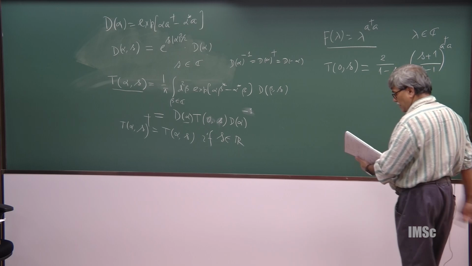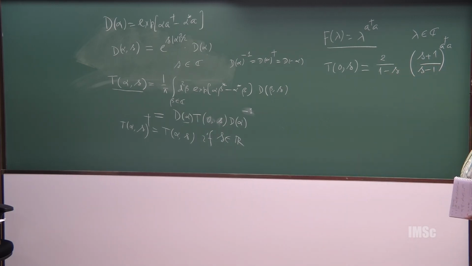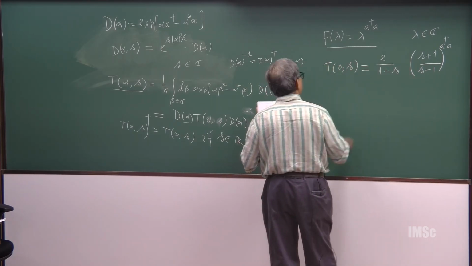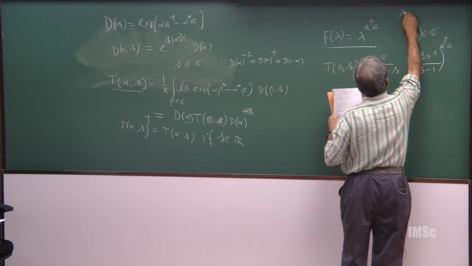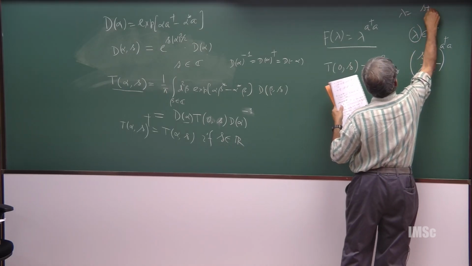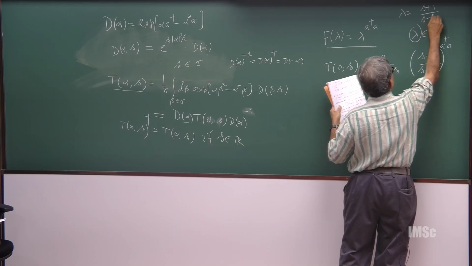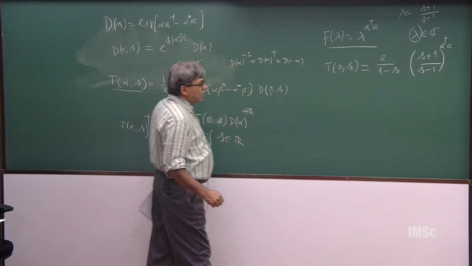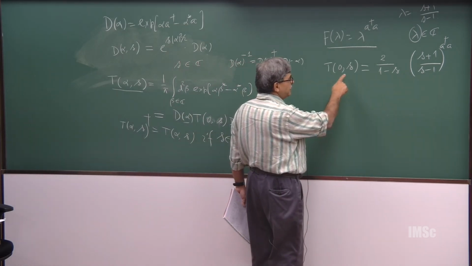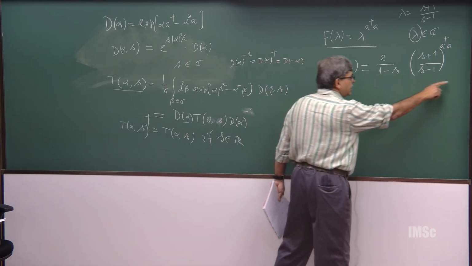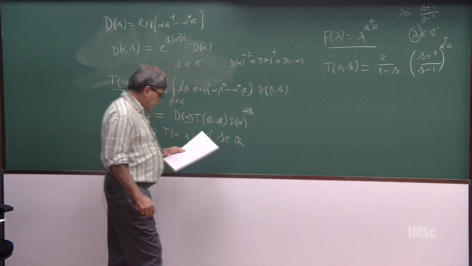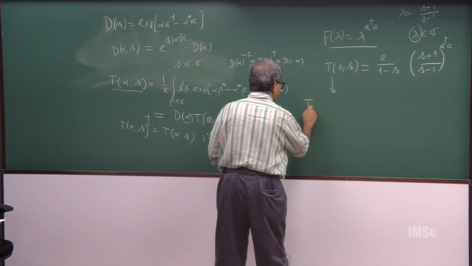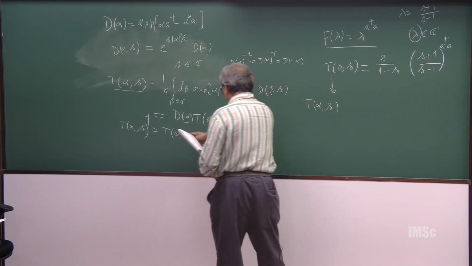So, this is an operator, this is just a number. Where basically this lambda should be s plus 1 by s minus 1. So, from there you will get this form. Anyway, by looking at it you see that if s is real, then of course this is a Hermitian operator.